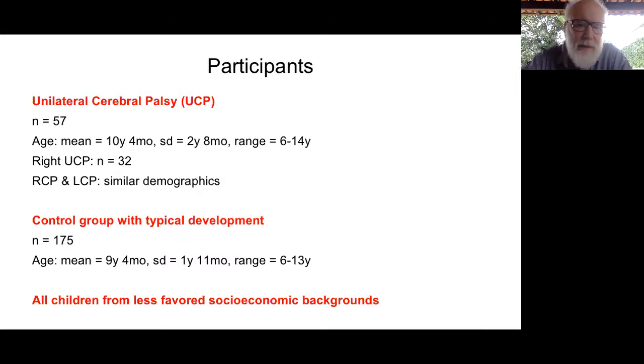There were no important differences in demographic characteristics of right and left unilateral cerebral palsy. All children came from less favored socioeconomic backgrounds. They attended state-run schools, and the children with unilateral cerebral palsy attended state-run or charitable programs of rehabilitation.